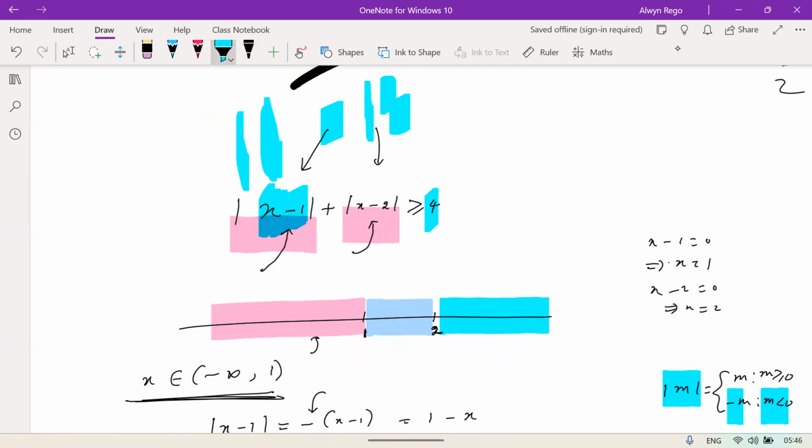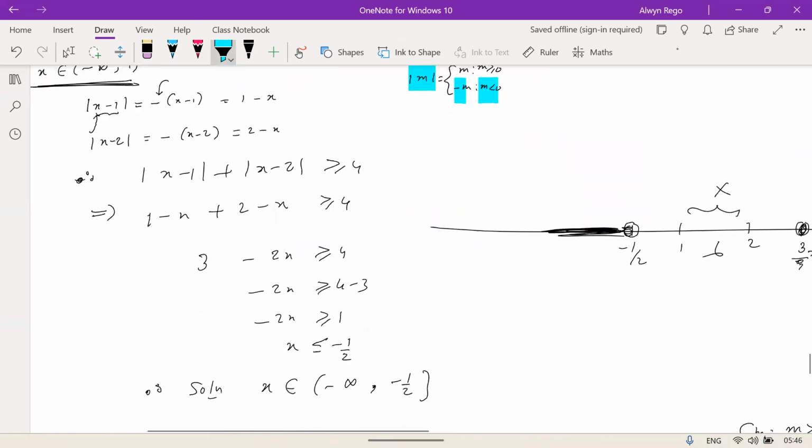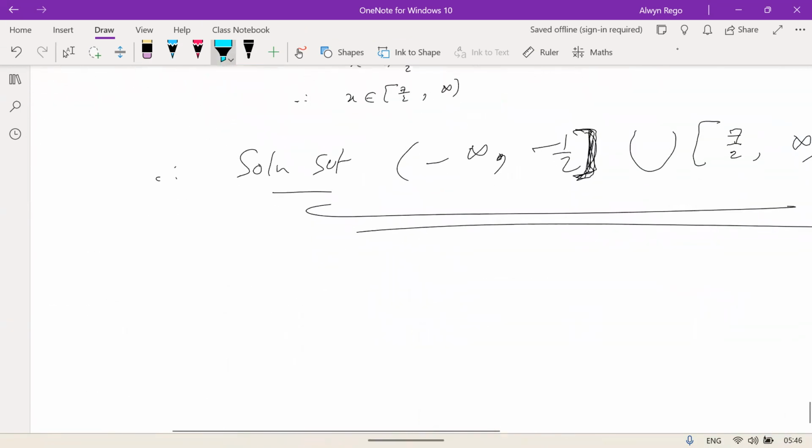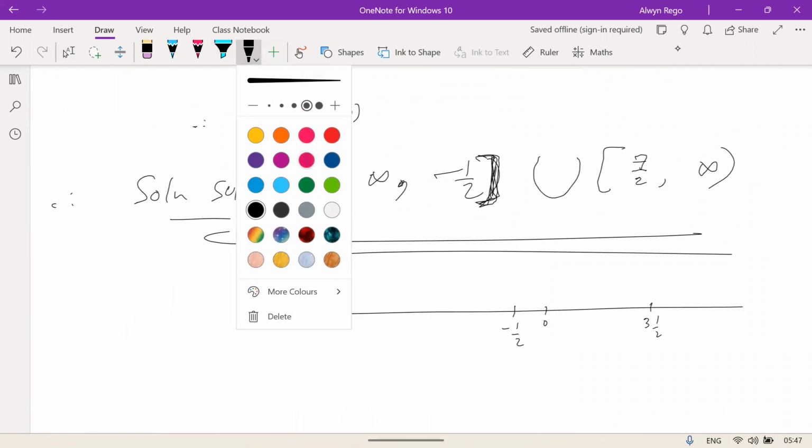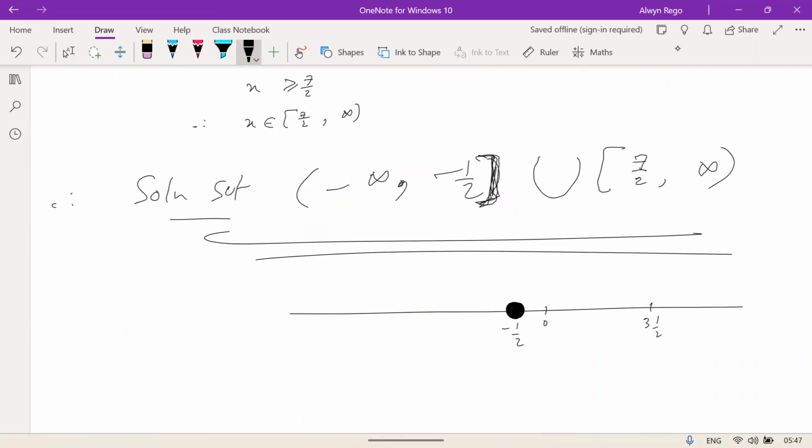But if you take a value between minus half and 3.5, this is the bad zone, so the solutions are only found elsewhere. This is 0, this is minus half here, this is 3.5 here. So only if you go to the zone which is less than this, or the zone which is more than this here, you will find the inequality mod of x minus 1 plus mod of x minus 2 more than or equal to 4 is satisfied.